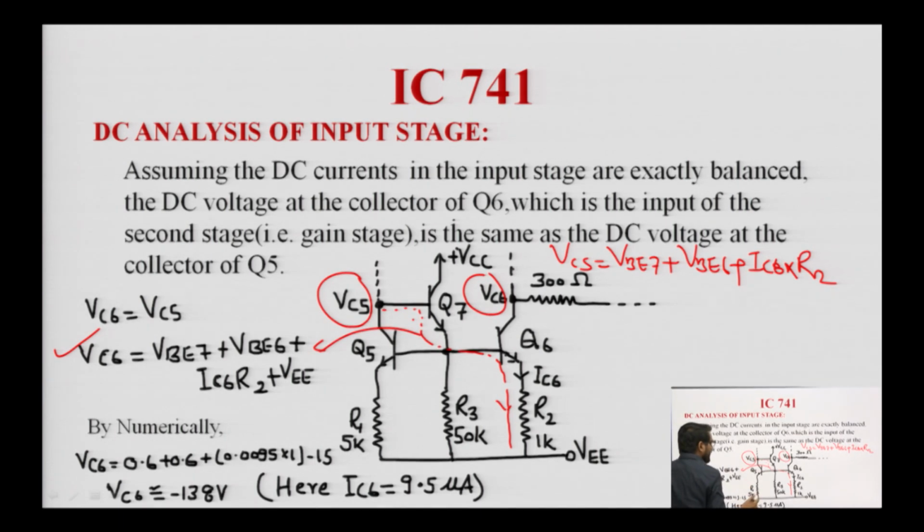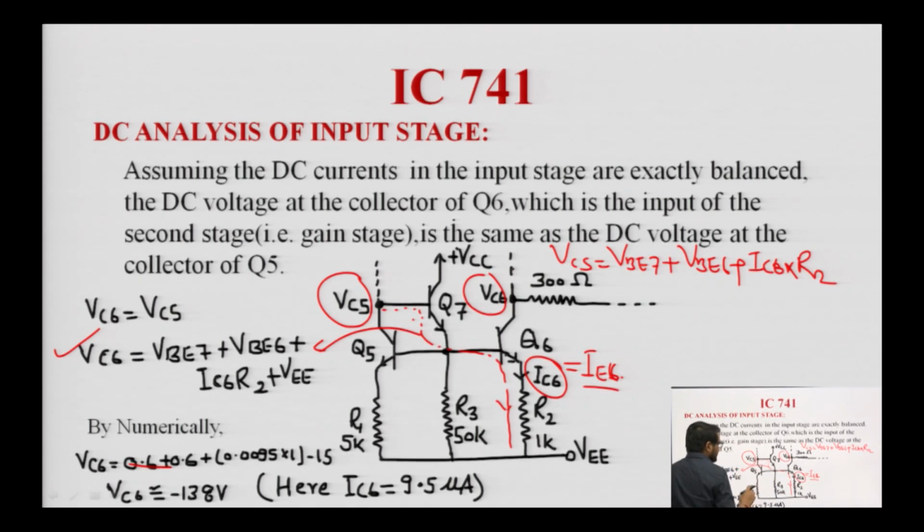What is IC6? For IC6, we neglect the base current, we assume a high value of beta, and in most cases we neglect the base current of a BJT transistor. Okay. So, we neglect the base current, then collector current IC6 is equal to IE6. Okay. Numerically, for a silicon BJT transistor, made on silicon material, the knee voltage is 0.6. So VBE is 0.6 plus 0.6 and IC6.